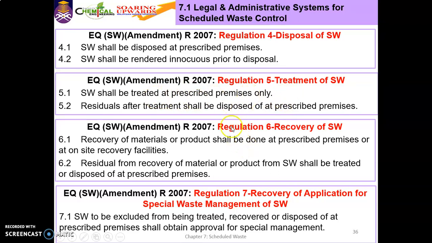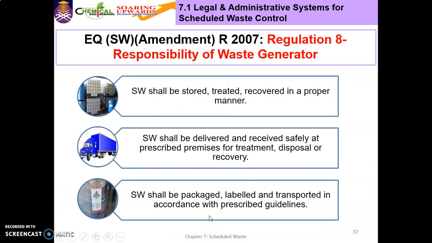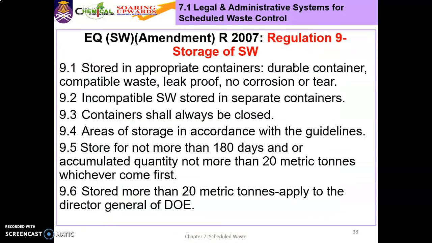Regulation number 6 is about recovery of scheduled waste, where the recovery of materials or product shall be done at a prescribed premise. Regulation number 7 is about application for special waste management, where scheduled waste to be excluded from being treated, recovered and or disposed at a prescribed premise shall obtain approval for special management.